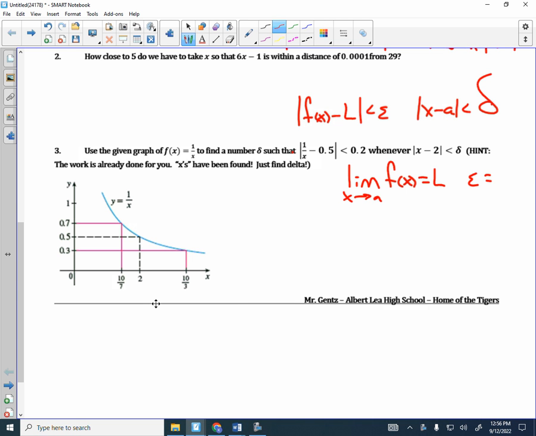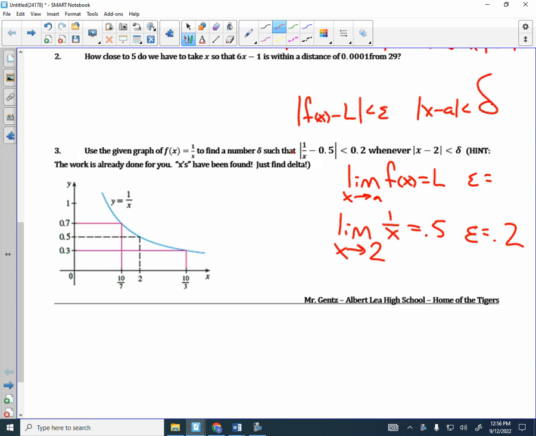And pause. Let's see where you're at. Limit as x approaches what? 2. What's the function? 1 over x. What's the limit? 0.5. And what is epsilon? 0.2.